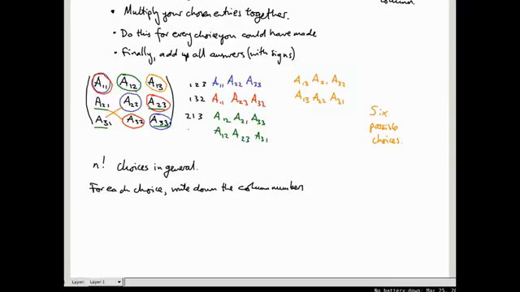The next I'm doing column 2, column 3, column 1. And over here I'm doing column 3 first for the orange guy, and then columns 1 and 2, and then finally 3, 2, 1. So for each choice you write down the column numbers in order. This gives a permutation of 1, 2, 3, or more generally 1 up to n.